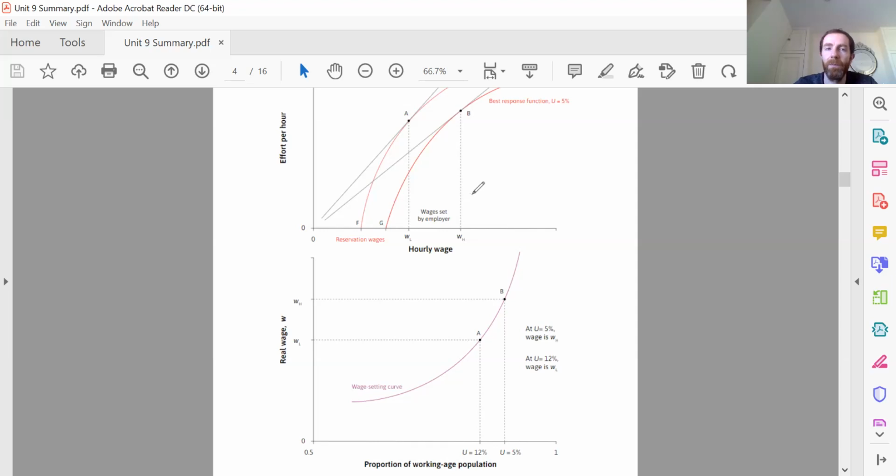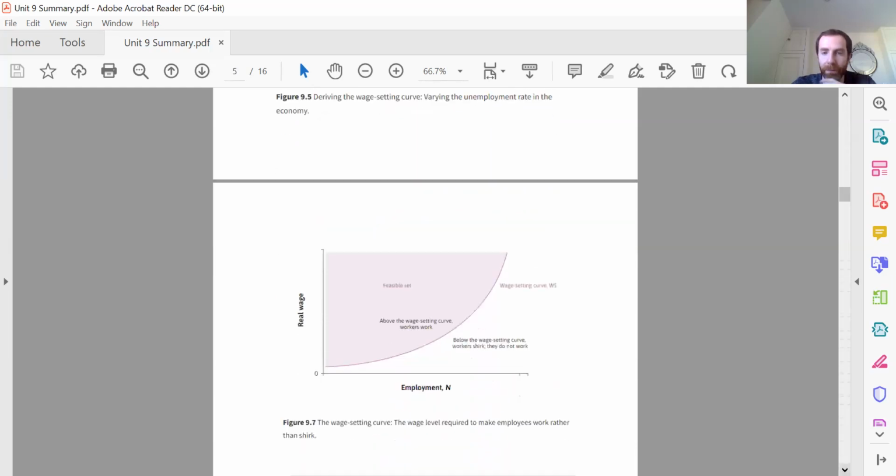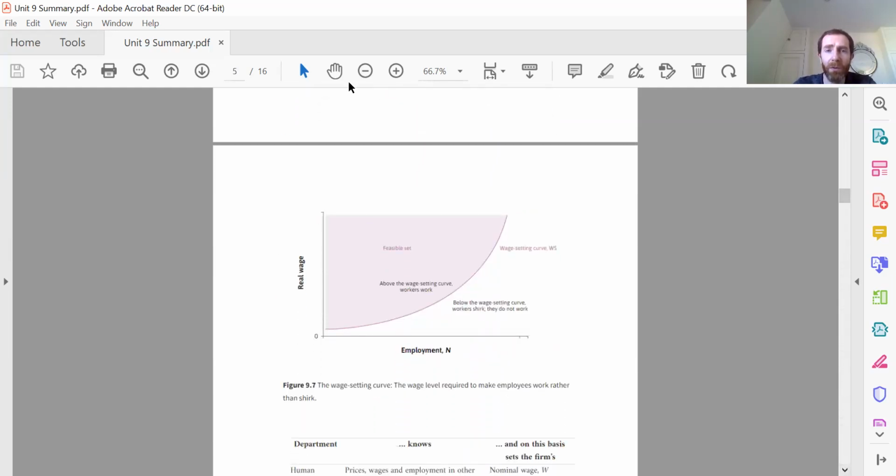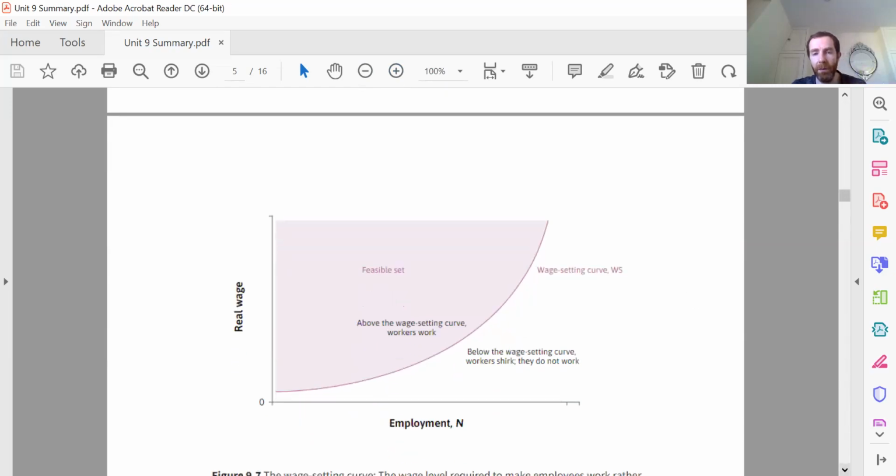from Unit 6. Now, at this point, we make a little bit of a simplification, which is, before I was talking about workers choosing a level of effort per hour.